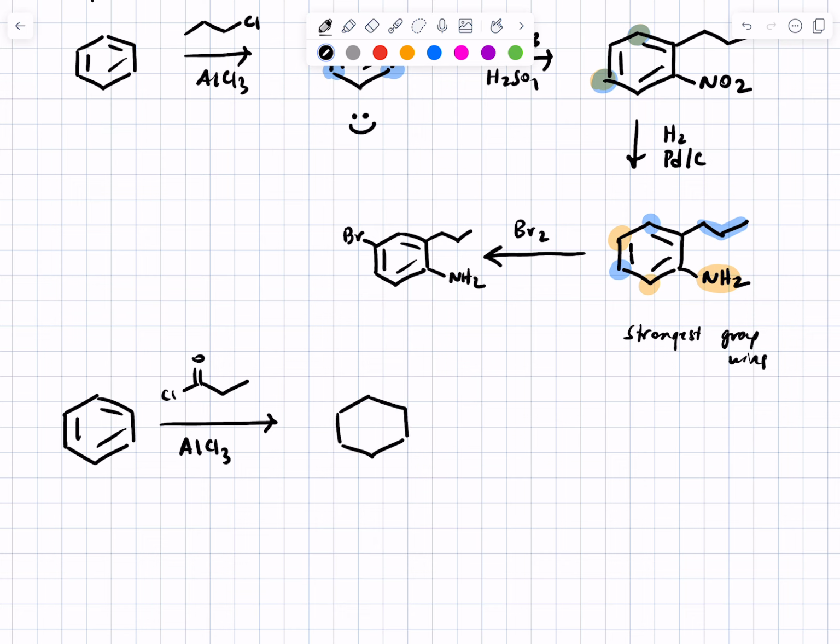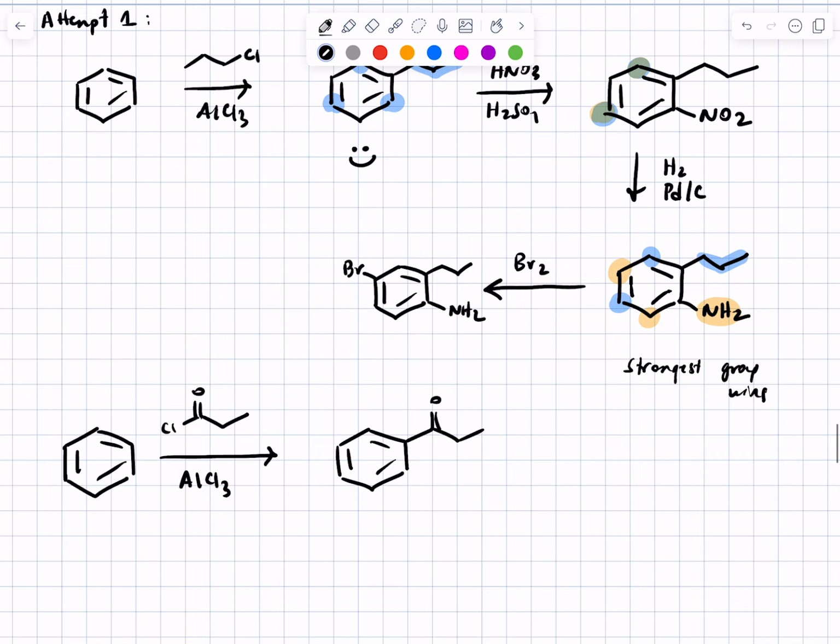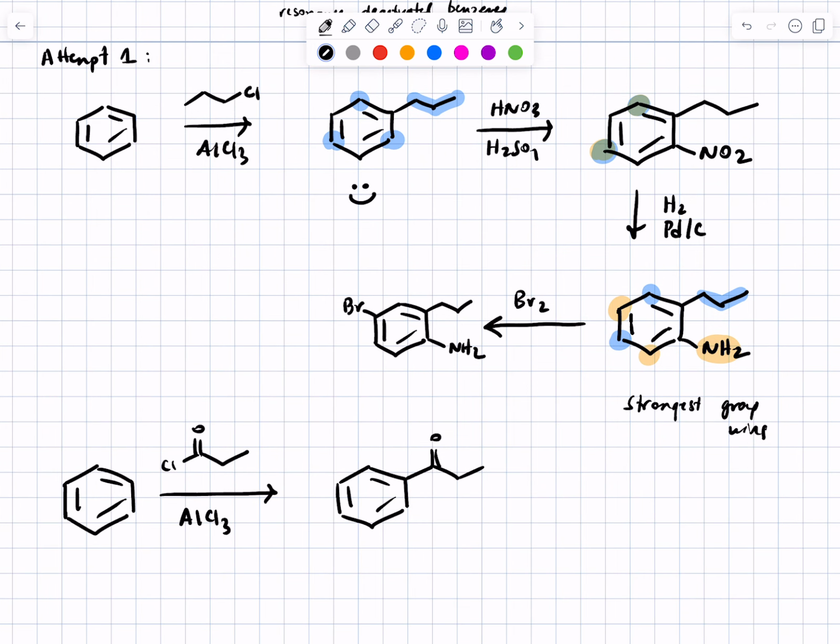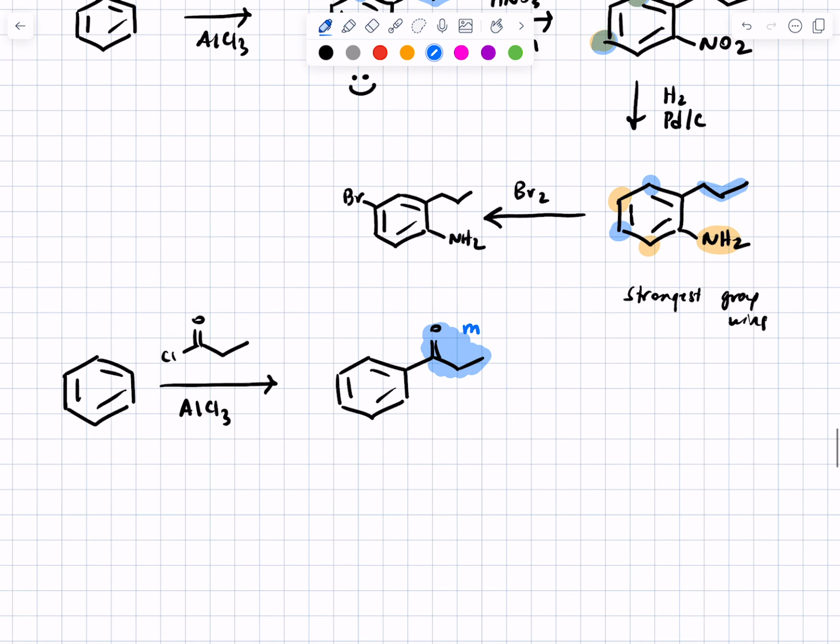So if we put the acyl group on first, all right. Now what do we want to do? Maybe now it's a great time to put on the bromine group because we've got a meta director. Ultimately we know that this needs to be an alkyl group, but in its current form, that's a meta director.